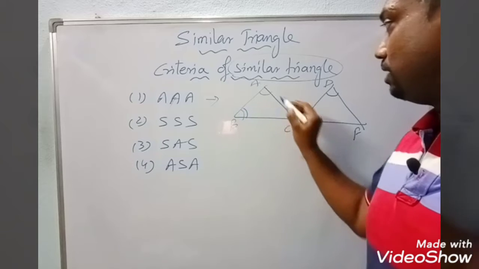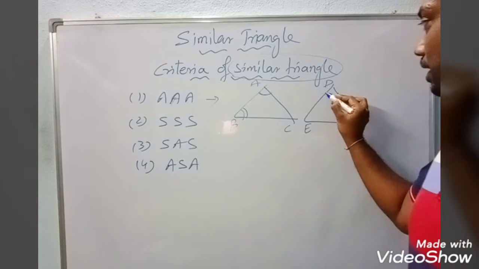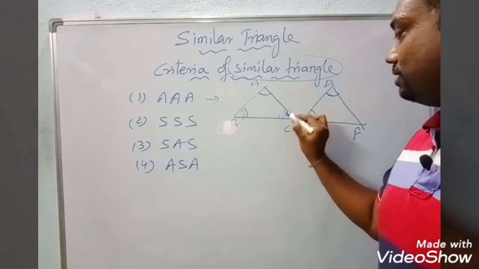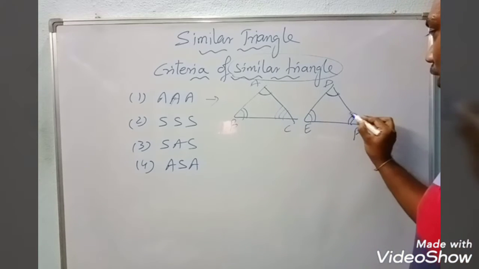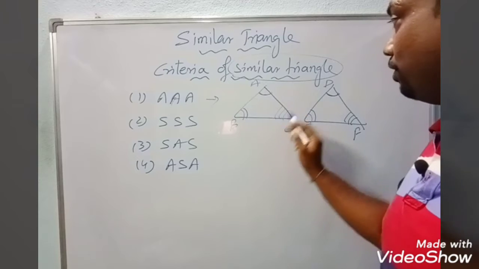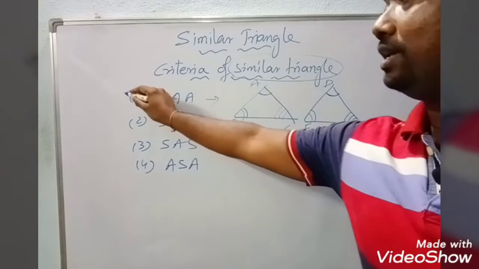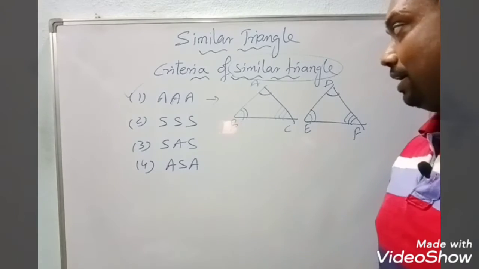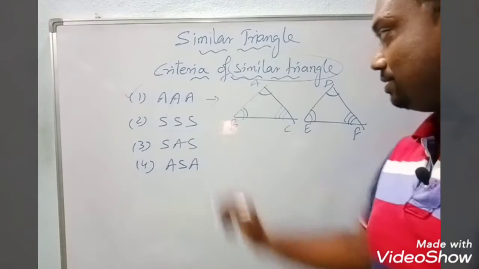Means if angle A is equal to angle D, angle B is equal to angle E, and angle C is equal to angle F, and the condition is satisfied, then we can say the triangles are similar based on angle.